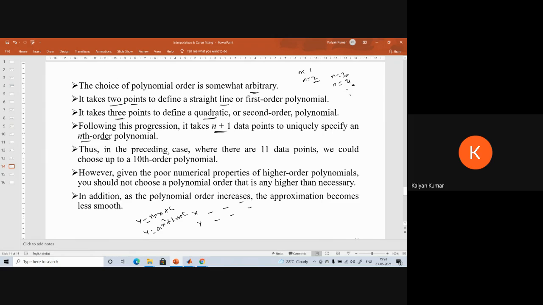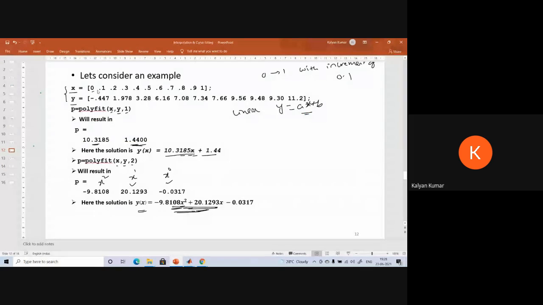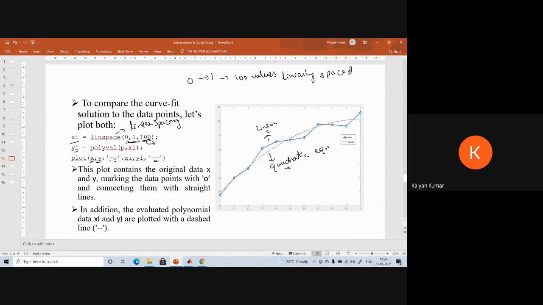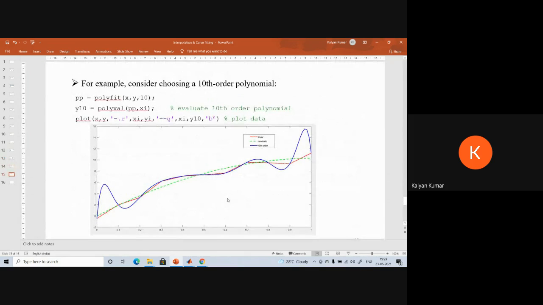So in the present example, if you are having 11 data points, 0 to 1, we are having 11 data points here. Therefore, the maximum order of the polynomial that we can develop for this x and y data is 10th order. So for our problem, if you develop a 10th order polynomial, I am taking PP as the polynomial.